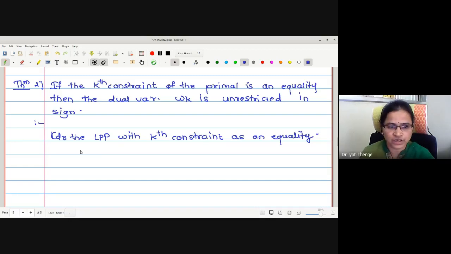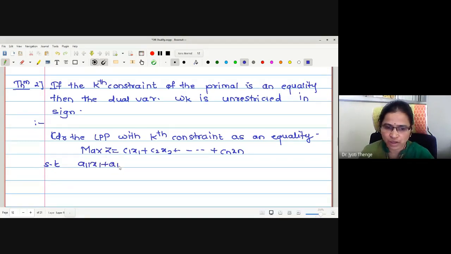Here you will write that LPP: maximize z equals C1x1 plus C2x2 plus so on up to Cn xn, subject to the constraints. What is the first constraint?